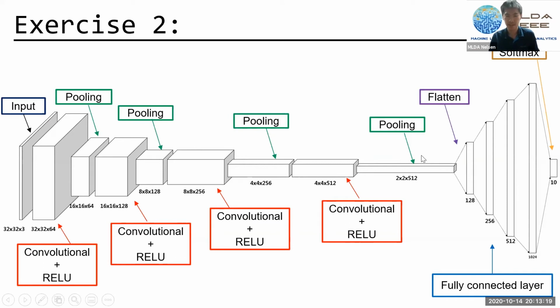I also added an additional ReLU. As you probably know, when doing neural networks, you always try to use an activation function to introduce nonlinearity. This is why we use ReLU.